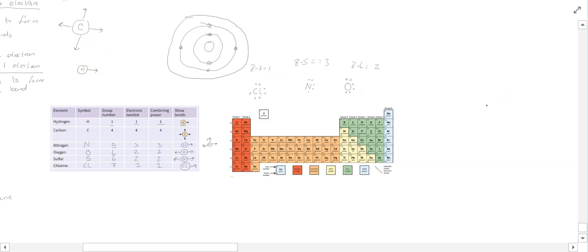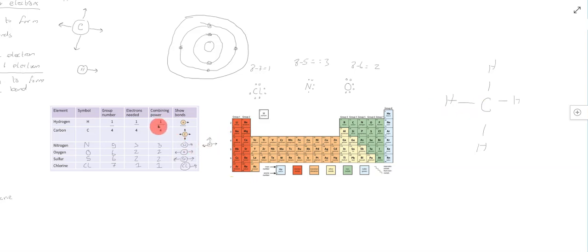Carbon can form 4 bonds with hydrogen. So you'd have a molecule that's something like this. That's what's known as methane. Remember, each of these lines represents what's known as a covalent bond. A covalent bond is where 2 atoms share electrons with each other so that their outer shell is full. So that's what we mean.